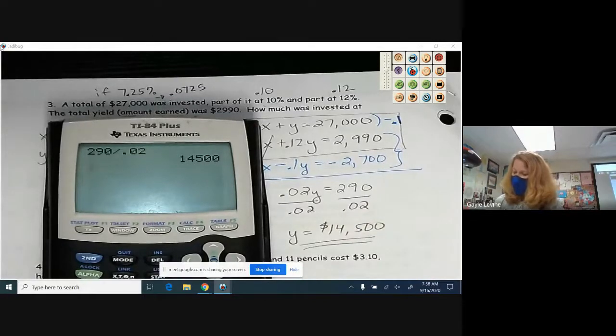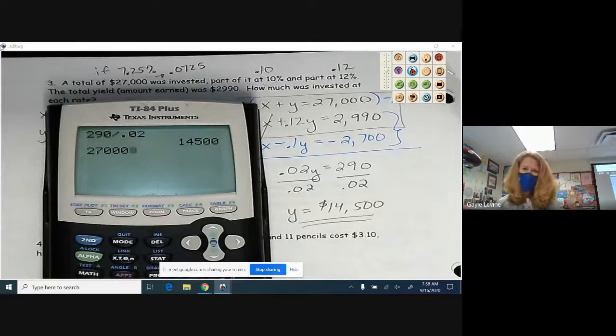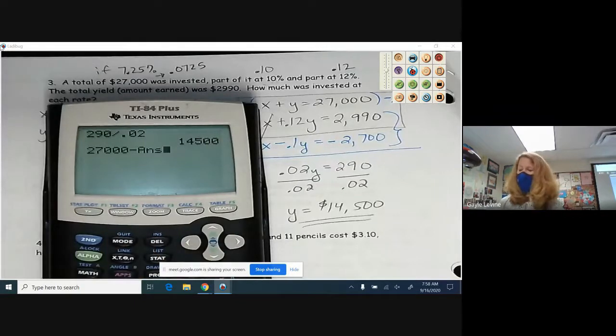And then since the two investments together have to add up to 27,000, I'm going to subtract my answer. I don't know if you've used the answer button, but it's really helpful in a calculator. It's above the negative sign, so I would just do minus answer. All scientific calculators have an answer button. You certainly can type that in, but sometimes it's just harder to do that. All right, and then I'm getting 12,500.